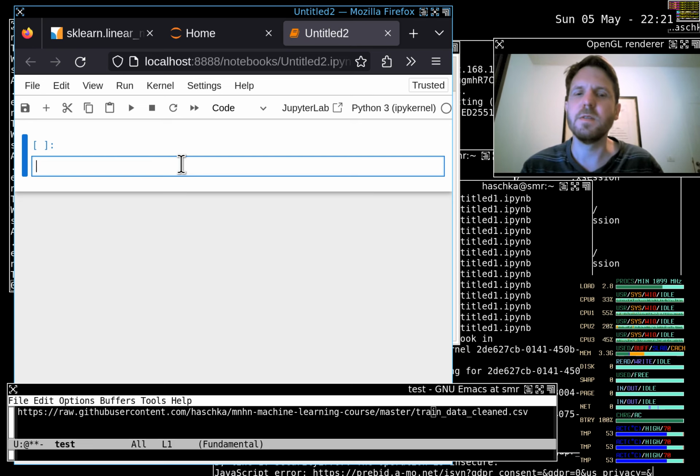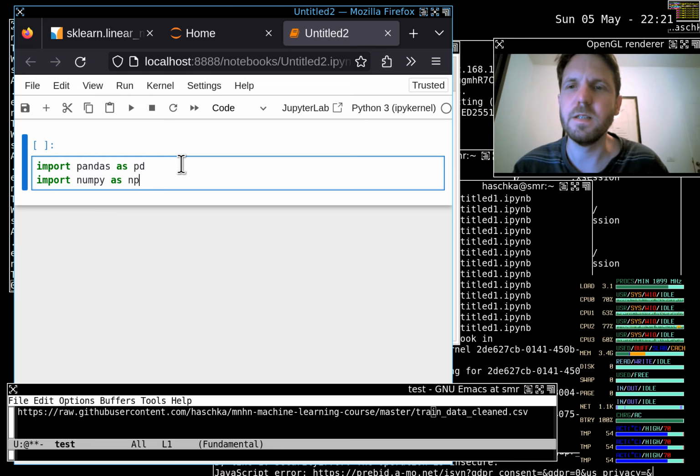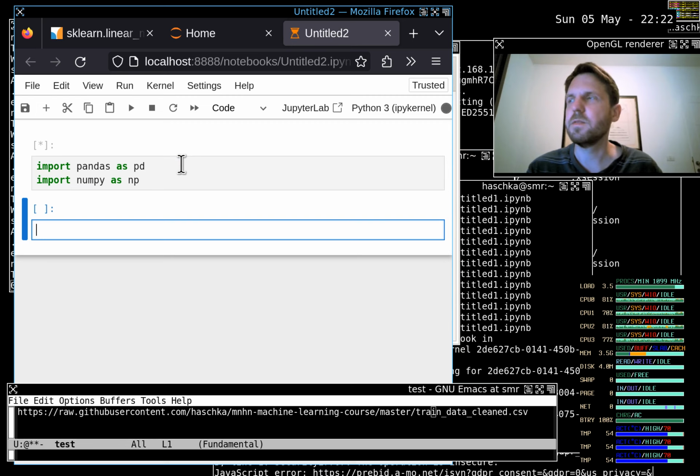We use the pandas library as always in order to import our data set. At the same time we use NumPy in order to work with certain things that we will need later on. You know both libraries already. Let's import them, and let's import our data set.